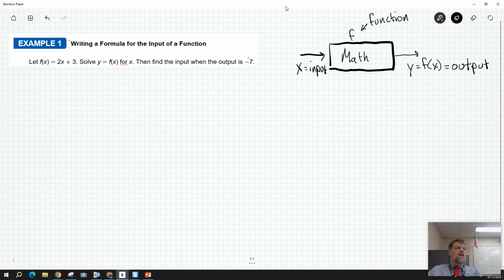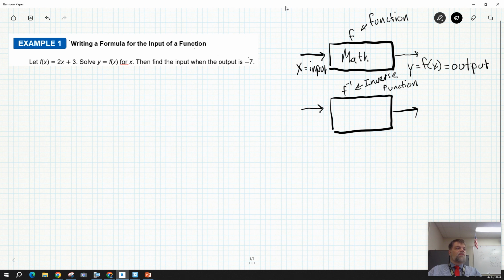But now sometimes we'll have an output and that goes into the function, but it's a special type of function that we call the inverse function. You guys remember that from Algebra 1? Inverse function. Okay.